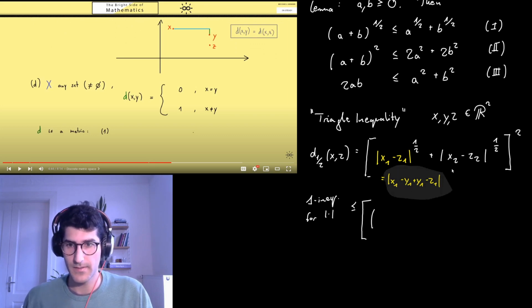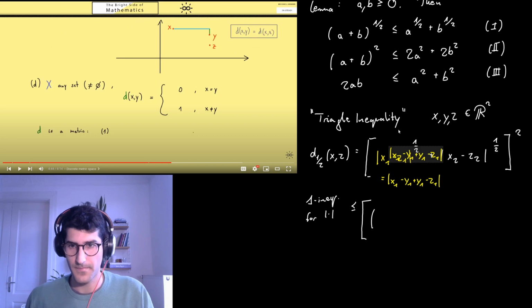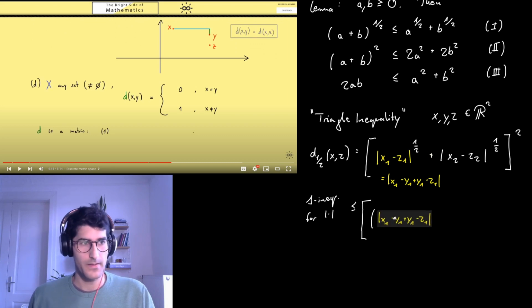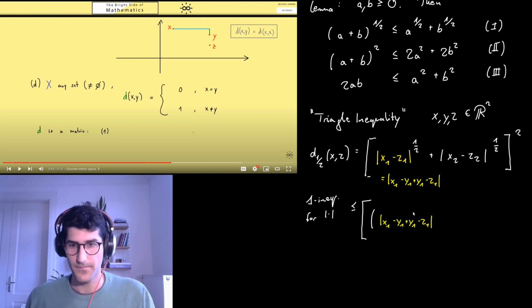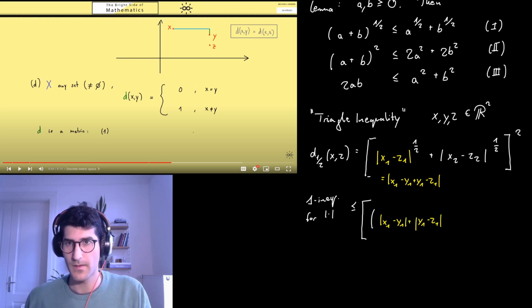But now with the triangle inequality, this gives us a sum of 2 elements. And of course, I cannot forget about the 1/2 outside.